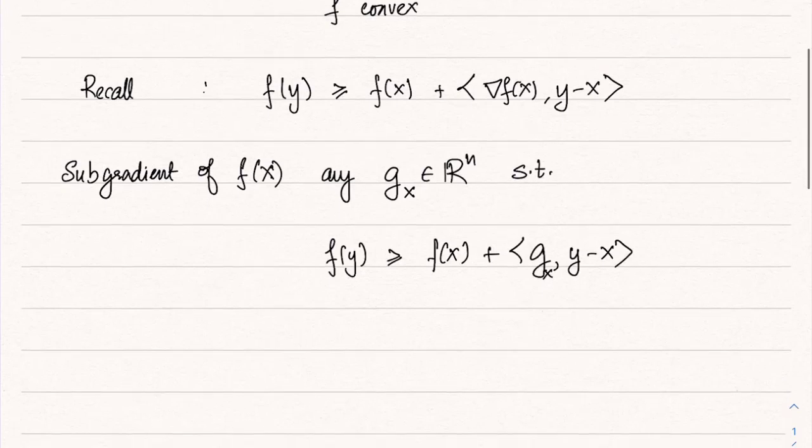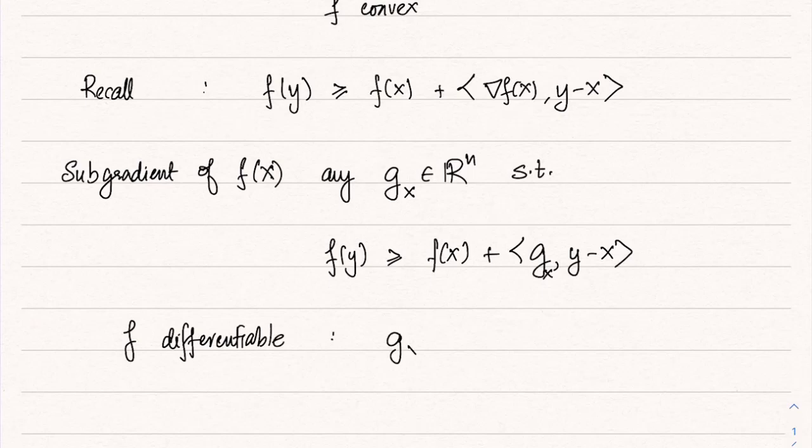Now obviously, if f is differentiable, then g_x is simply the gradient of f at x. The subgradient is the gradient when f is differentiable. In fact, this is the only quantity that works here.